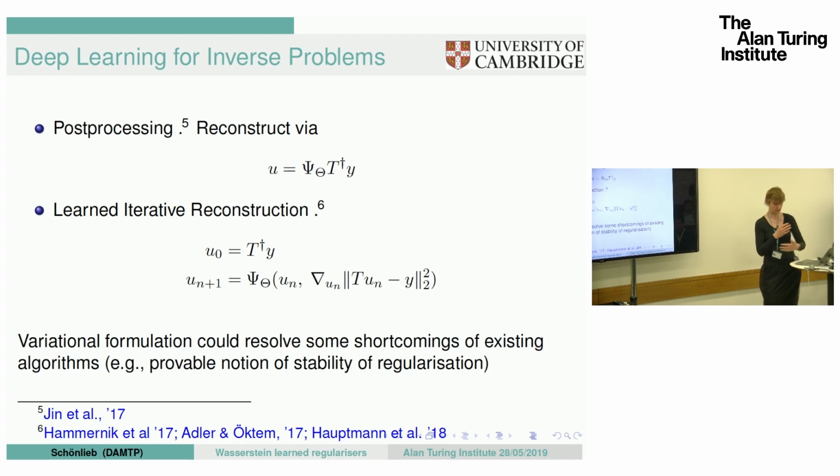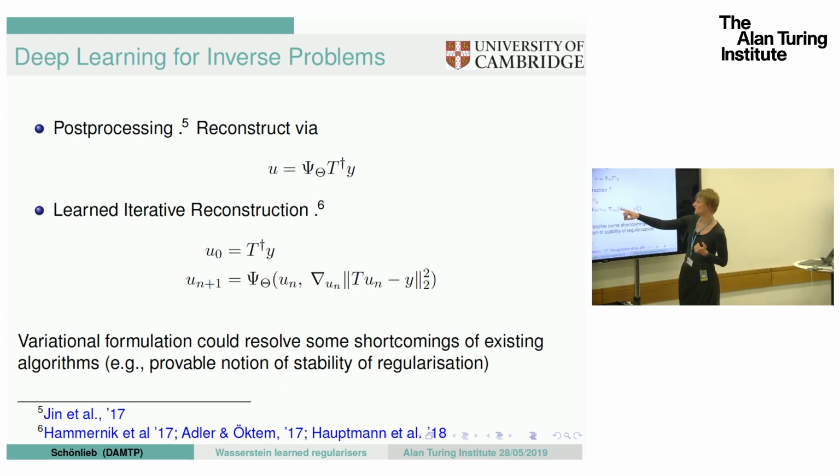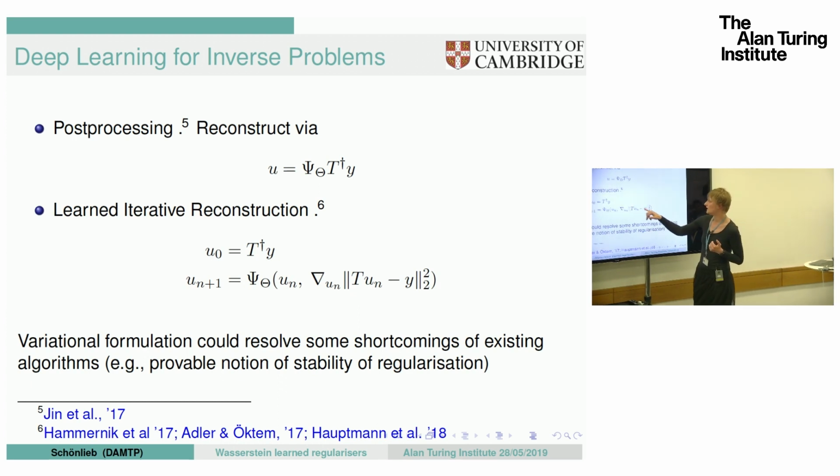the neural network regularization step, and to say, okay, so I might initialize with my pseudo-inverse, but then I'm interweaving. I'm feeding the neural network not just with the last guess for my reconstruction, but I'm feeding it also with some information about the forward operator given by the gradient of the discrepancy term.